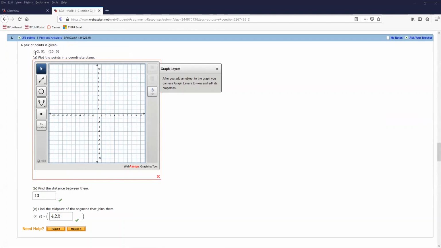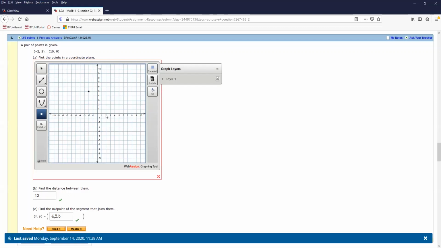Okay, so plotting the points -2, 5, so negative, come to -2. If you just leave it on this one, that will plot points. Oh dear, maybe it's this one. I don't remember. Let's try that one. Okay, so -2, 5. Oh, you're right there. Plot that point.